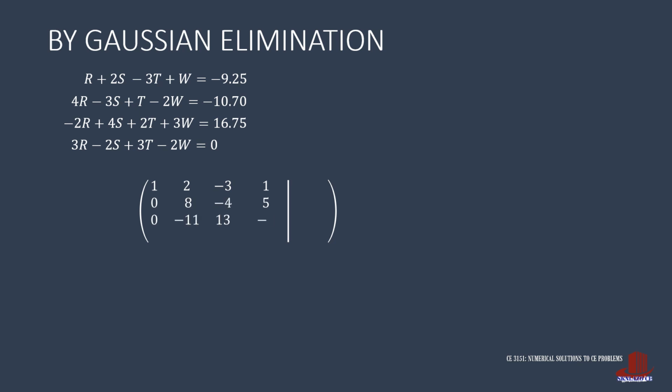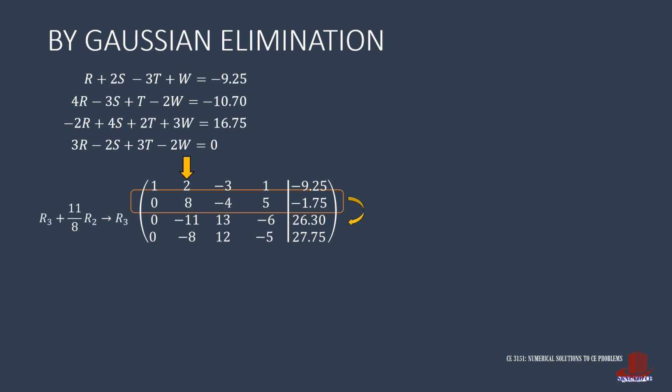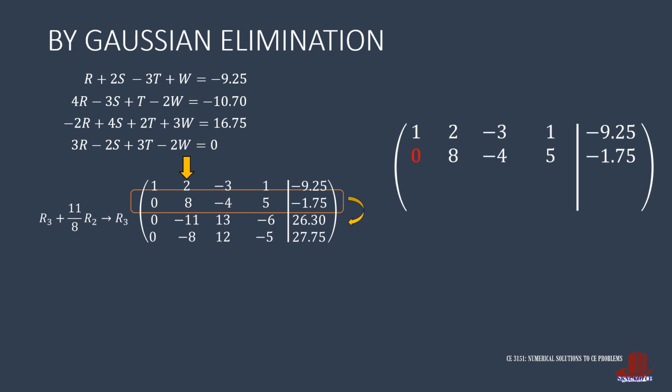With the transformed matrix, we now focus on the second column, and we will be using the second row as the pivot row. To eliminate element 3, 2, we use the operation R3 plus 11/8 of R2 as the new R3. For element 3, 1, there is 0 plus 11/8 of 0, still giving 0. The next element has negative 11 plus 11/8 of 8, giving 0.